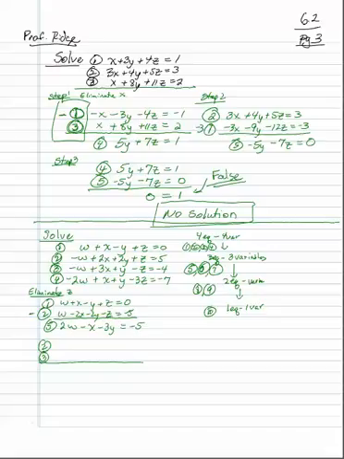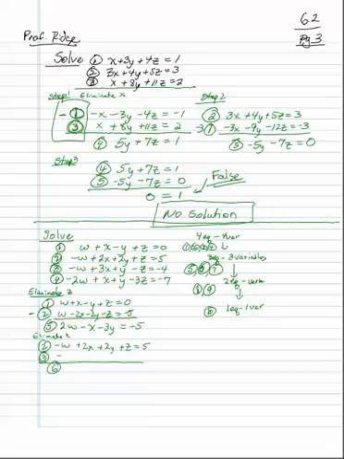Okay? So I'm going to take 2 and 3, which is negative w plus 2x plus 2y plus z equals 5. And equation 3, again we got to eliminate z. And this is going to give us equation 6.